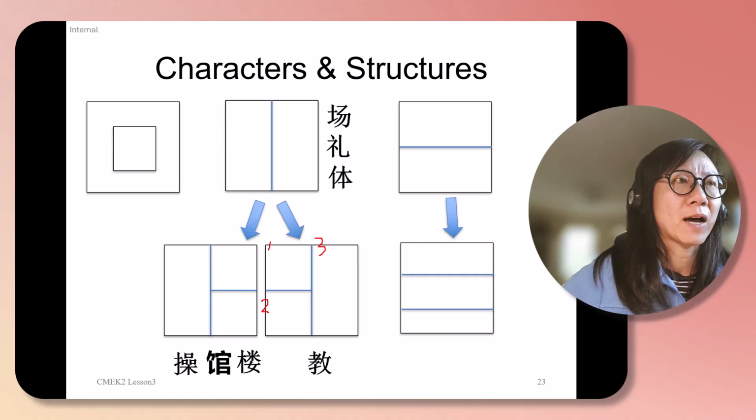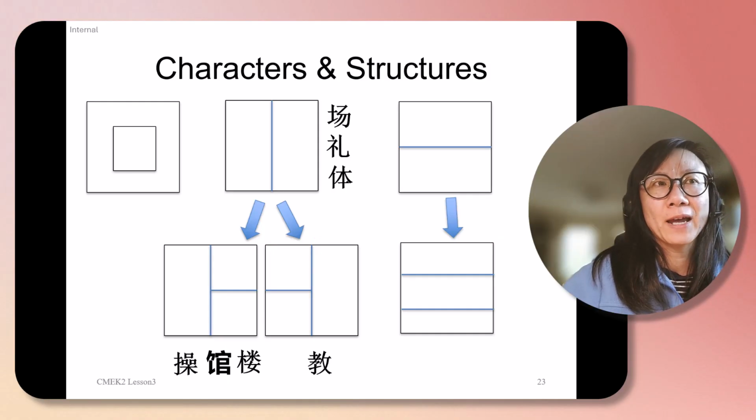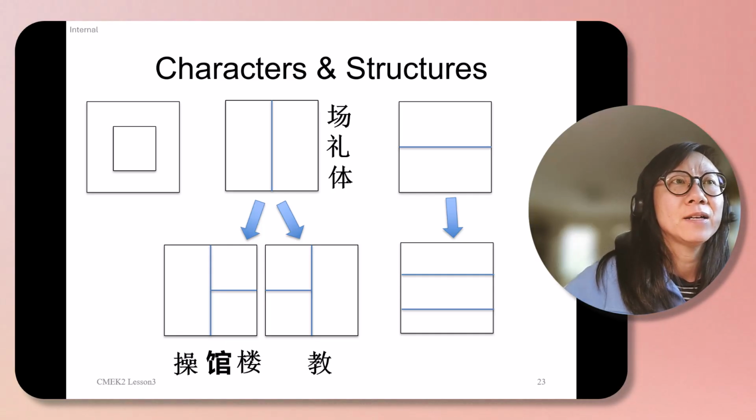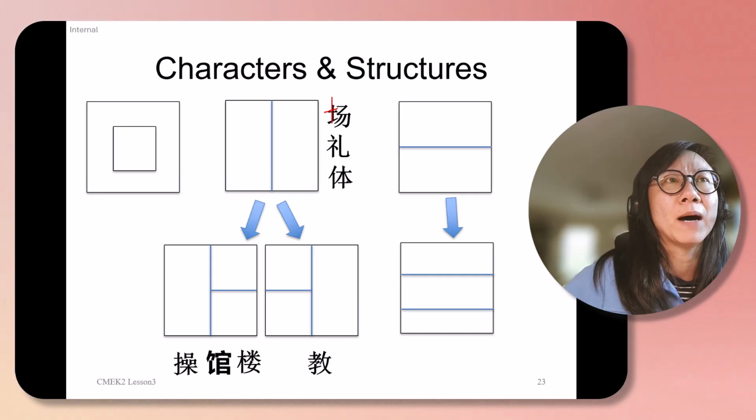So on the left-hand side, have a look at here. Looks very complicated, but if we break it down, it will become much easier, right? So on the upper left corner, I hope you can recall what we did initially for the 场. Can you see there is a mud, 土地的土, and we will do the same thing up here.